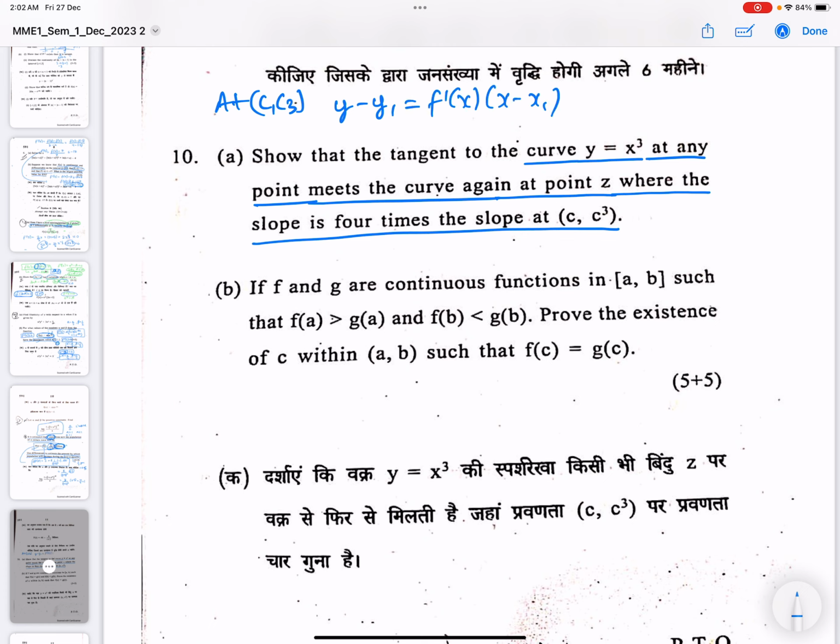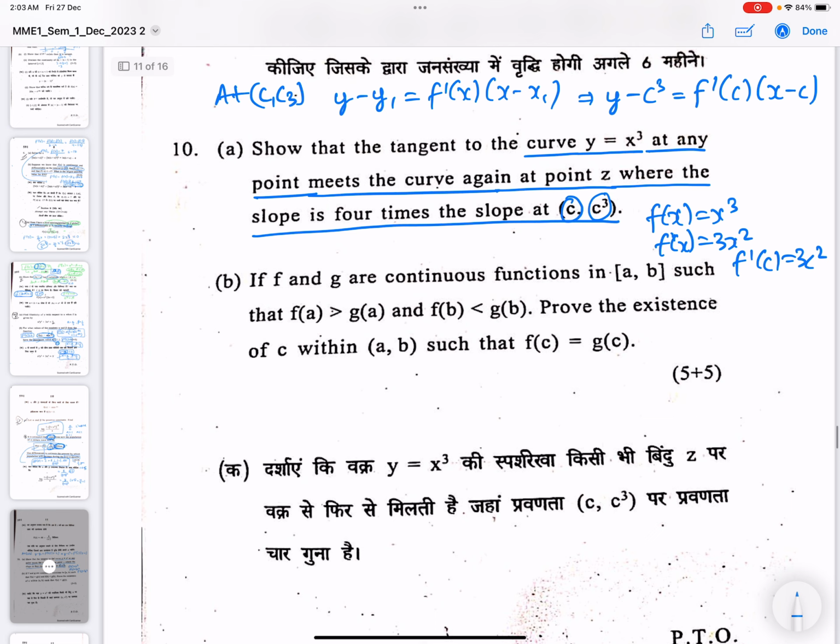So we have y minus y1, which is c cube, equals f dash c into x minus c. f dash c would be, if y is f of x equals x cube, f dash x would be 3x square, so f dash c would be 3c square. So the equation is y minus c cube equals 3c square into x minus c.